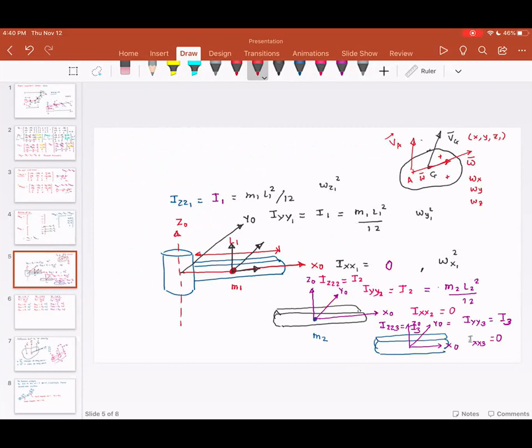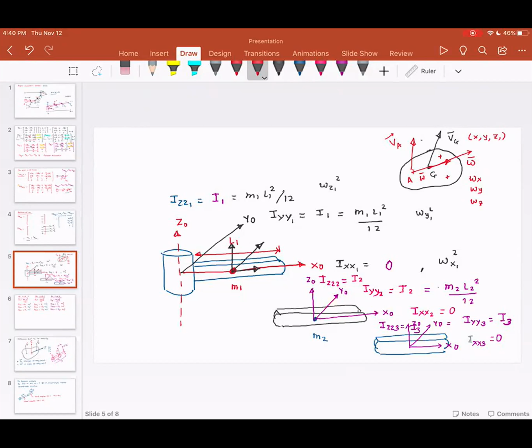What I mean by that is x0, y0, and z0 could be oriented differently compared to x1, y1, z1, or x2, y2, z2. Then the question that comes in the mind is what coordinate system we should choose.